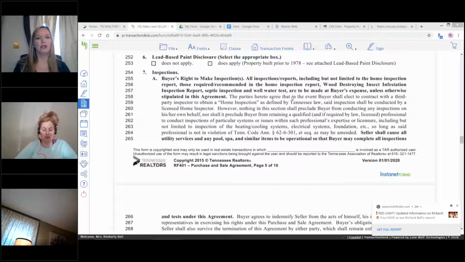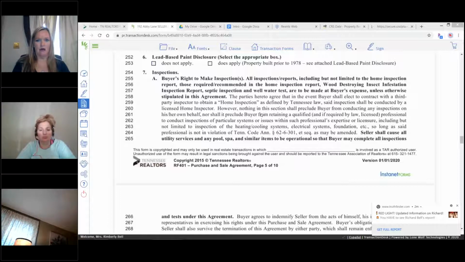The parties hereto agree that in the event the buyer shall elect to contract a third party inspector to obtain a home inspection, said inspection shall be conducted by a licensed home inspector. However, nothing in this section shall preclude the buyer from conducting their own inspection.